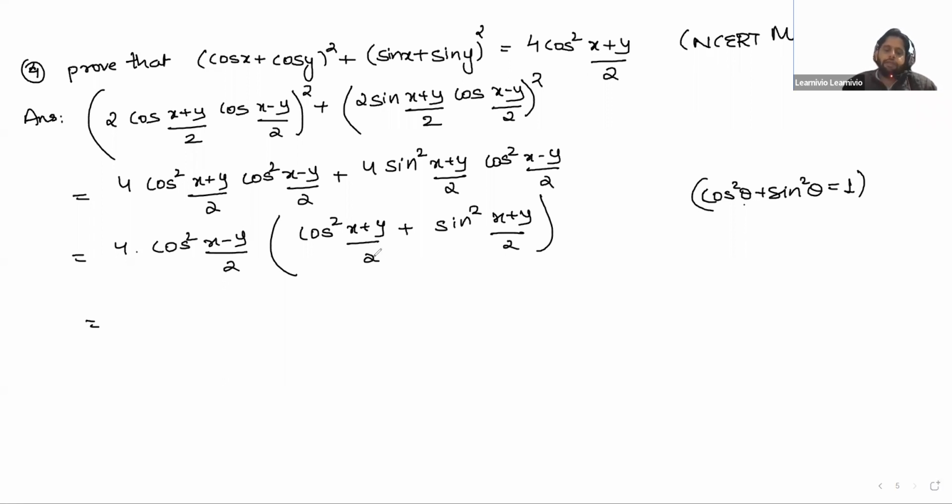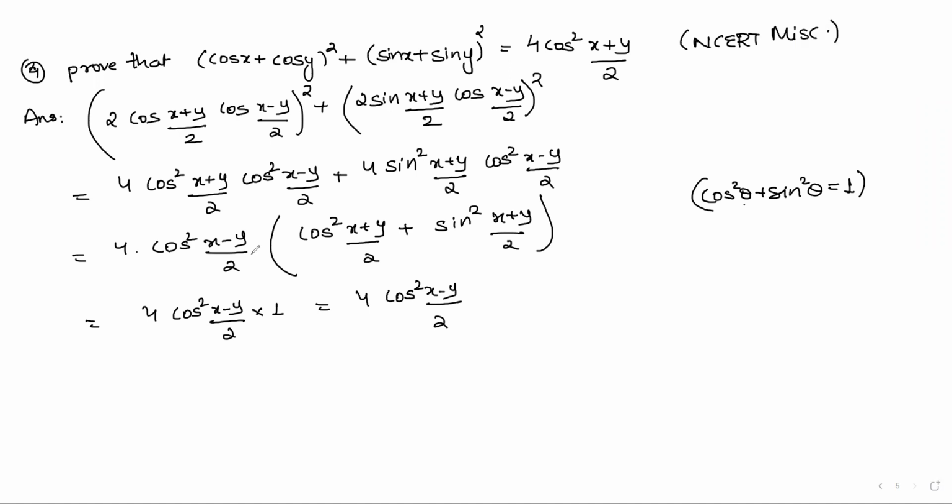Angle can be anything, but the angle should be equal. So cos square plus sin square gives you 1. So you will get 4 cos square (x minus y)/2 into 1. Is that clear? Okay, very good. Please note this and then start the next question. Then almost all questions you can do.